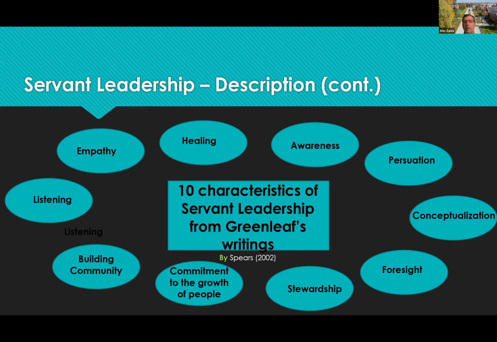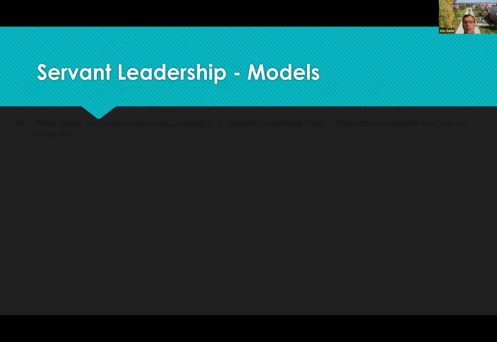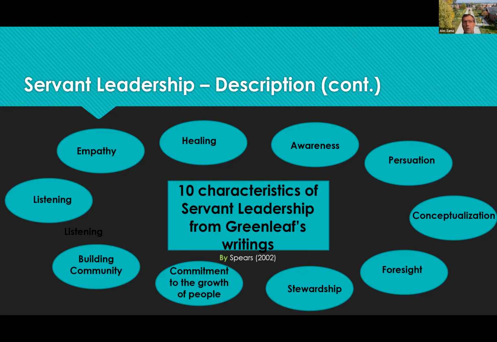And then lastly, to build community. Robert Greenleaf believed that organizations should do a better job creating better relationships among organizational members, building community internally, which will then have an impact on society as a whole. Those are the 10 characteristics of servant leadership that came from Greenleaf's writings.